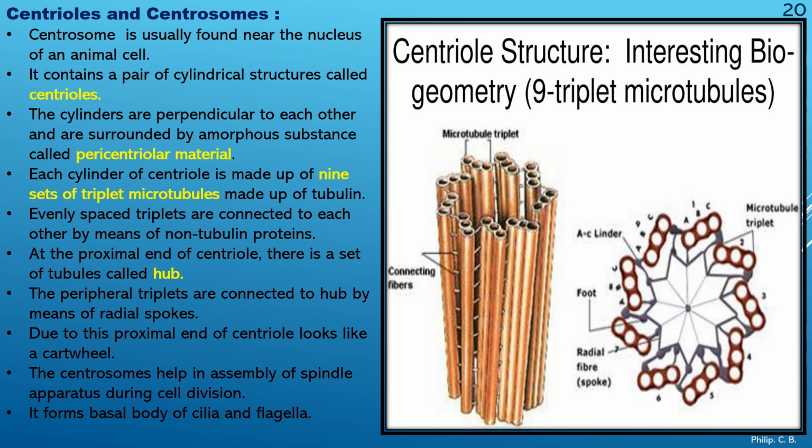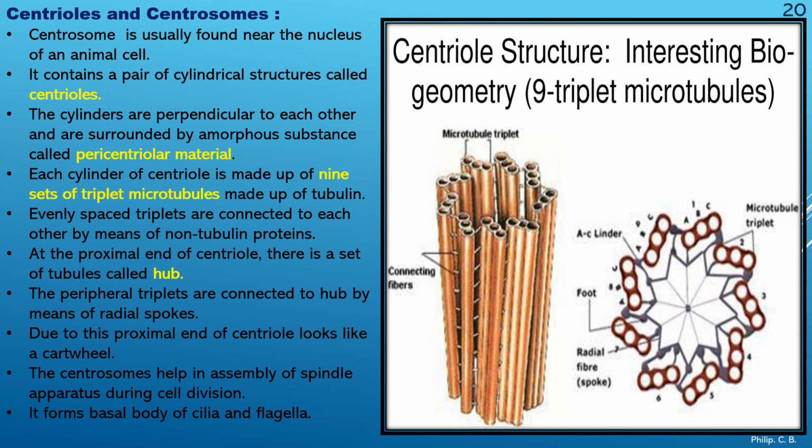Centrosome is usually found near the nucleus of an animal cell. It contains a pair of cylindrical structures called centrioles. The cylinders are perpendicular to each other and are surrounded by amorphous substance called pericentriolar material. Each cylinder of the centriole is made up of 9 sets of triplet microtubules made up of tubulin, which you can very clearly see in the image.